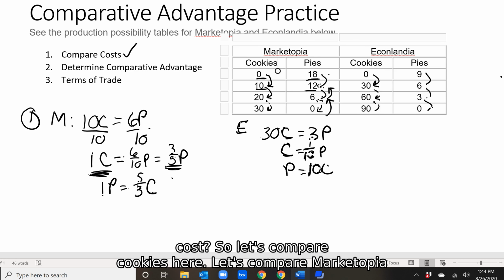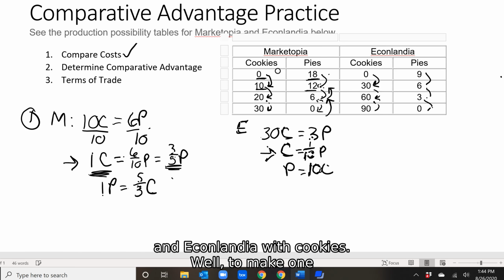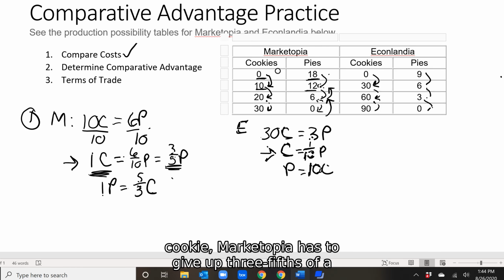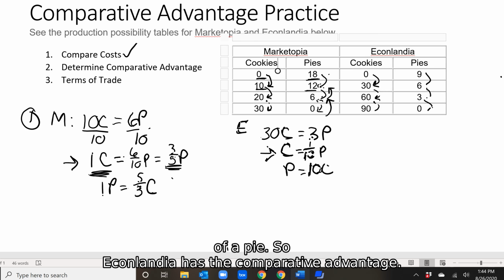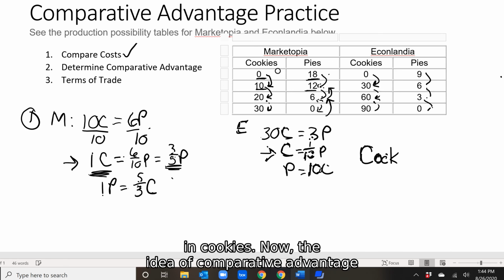Let's compare Marketopia and Econlandia with cookies. Well, to make 1 cookie, Marketopia has to give up 3/5 of a pie, while Econlandia only has to give up 1/10 of a pie. So Econlandia has the comparative advantage in cookies.